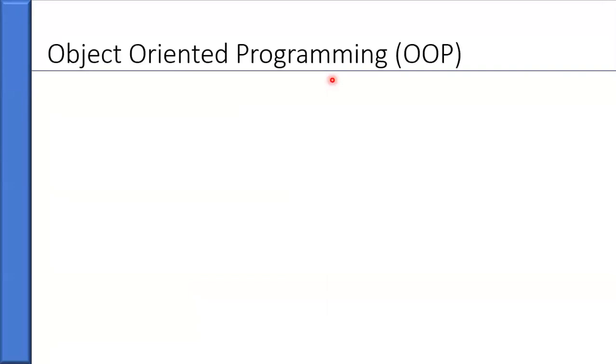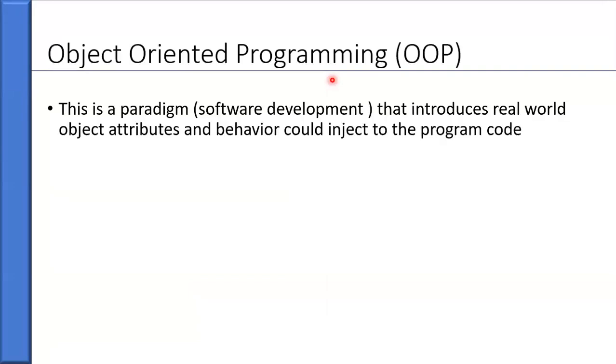Right. Object-oriented programming. I just ran through this slide, but I'll try to give some understanding of object-oriented programming. This is a very powerful concept. It is a paradigm of software development that introduces real-world object attributes and behavior that can be injected into the program code.